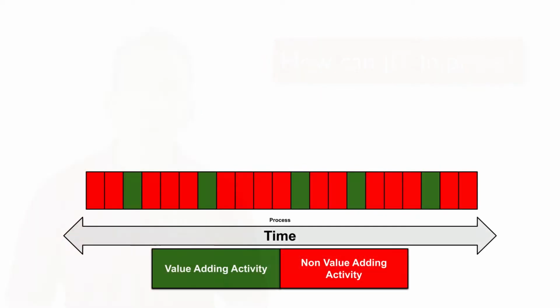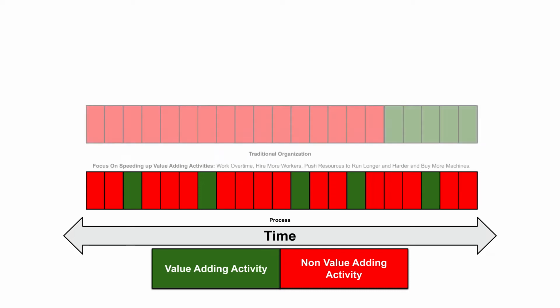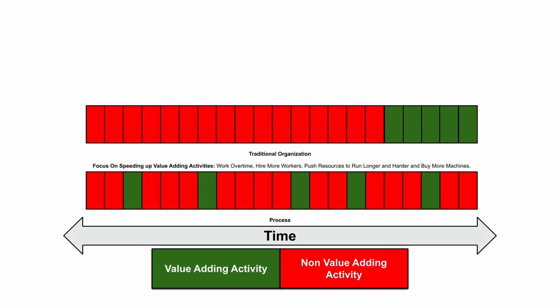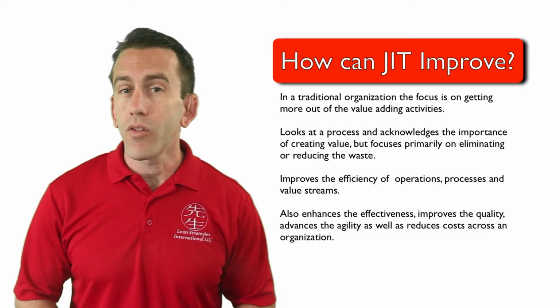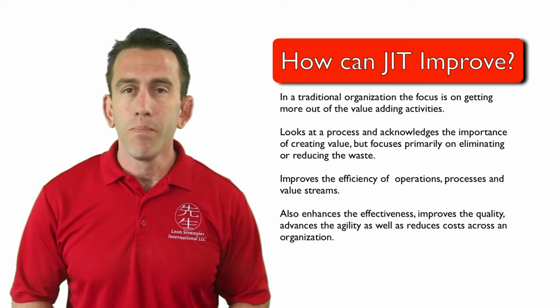In a traditional organization, the focus is on getting more out of the value-adding activities. For example, if a job is running late, a traditional organization may work overtime, hire more workers, or at times push resources to run longer, harder, and faster than they normally would. While this can at times be valuable, it is not a sustainable way to operate.